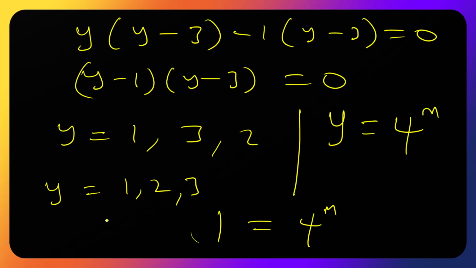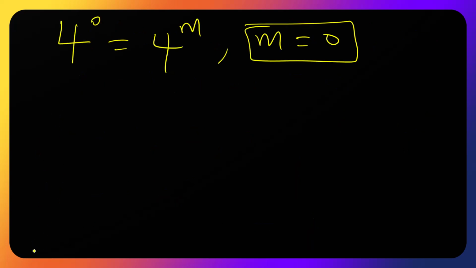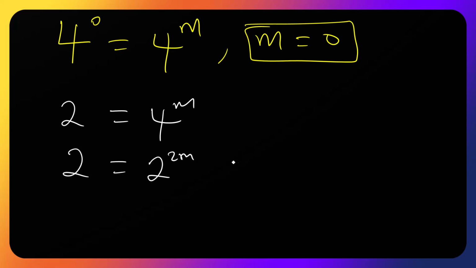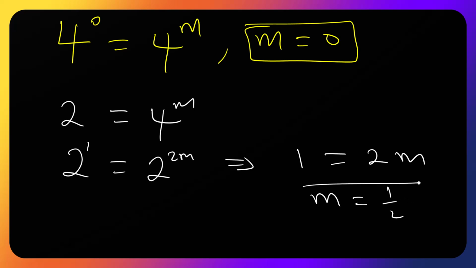And then when y equals 2, we have 2 equals 4 to the power of m, and that will be 2 equals 2 to the power of 2m. So we have 1 equals 2m. Therefore, m is half.